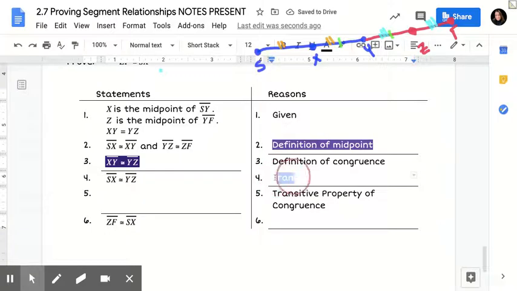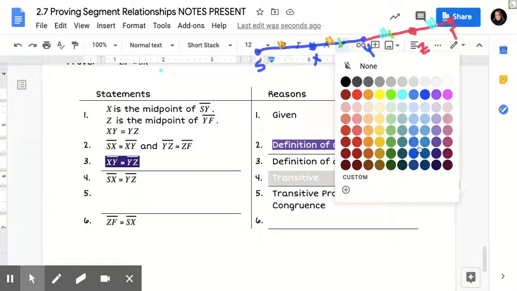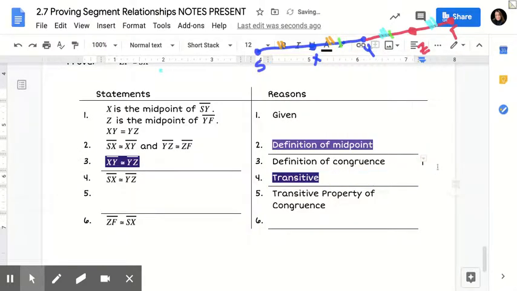All right, next up, also by the transitive property of congruence. I clicked the wrong button. Now I can't see my tools. There we go.